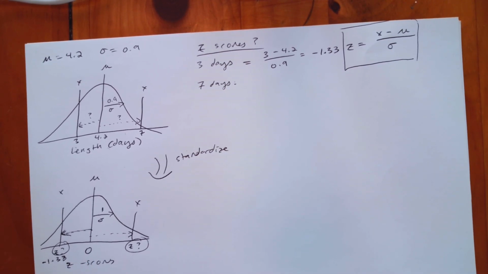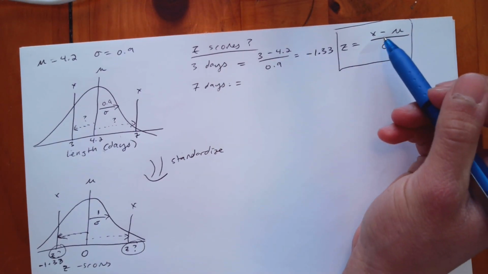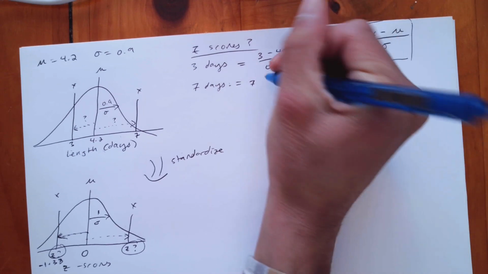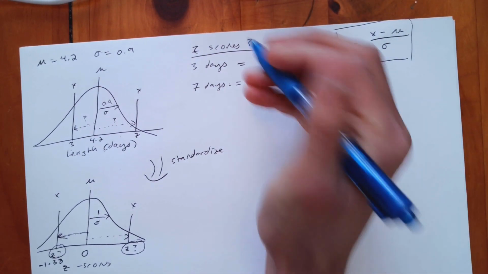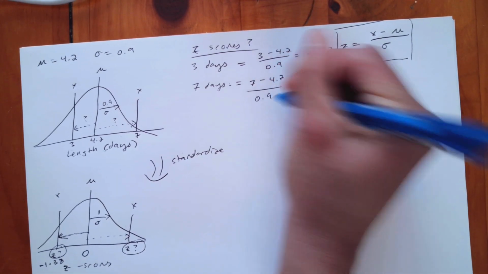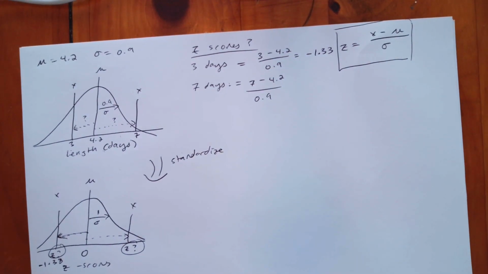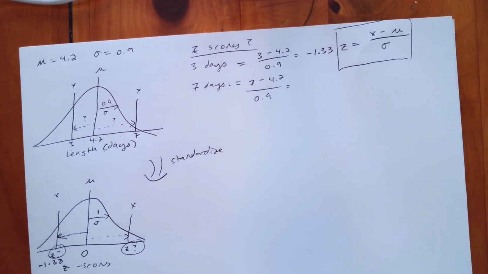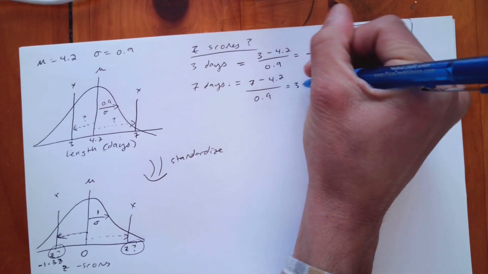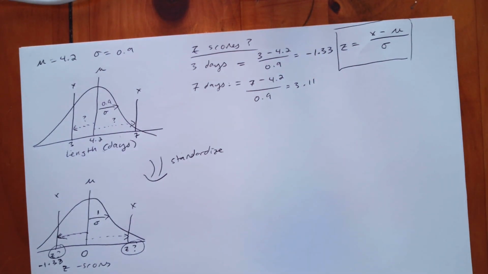We'll do the same thing for our 7-day trial. So here we can plug stuff in. So we've got a value of 7 for x, that's our value of interest. We're going to subtract 4.2, that's our population mean. And we're going to divide by 0.9, because that's our population standard deviation. So if we do this, 7 minus 4.2 divided by 0.9 will come out with a z-score of 3.11.